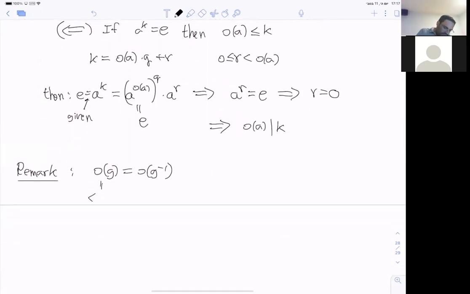Because this is the cardinality of the group being generated by G. But this is exactly the same set being generated by its inverse, because anyway, you take any integral power, negative, positive. So of course, this is the same set.